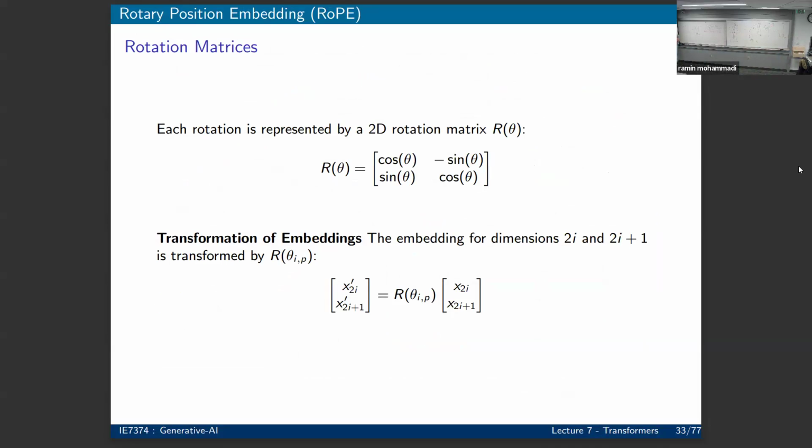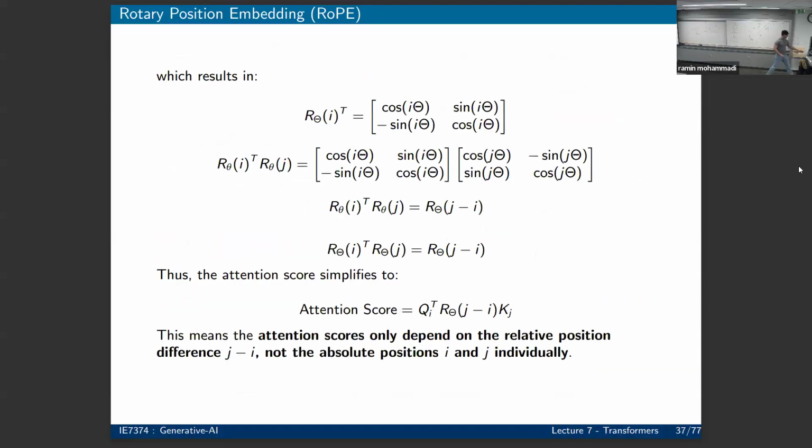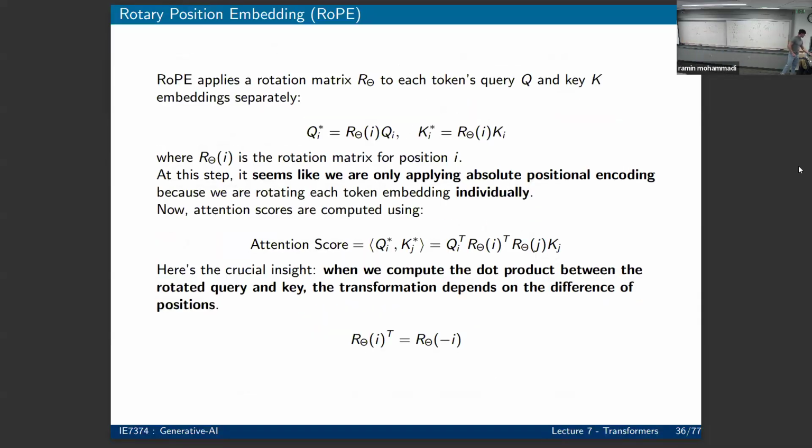The negative of itself, because the diagonal entries are the same and the off-diagonal entries just switch sign. So we know that R theta transpose equals R of negative theta i, technically. Okay, now use that for this dot product that we are doing: R theta negative i times R theta j, right?